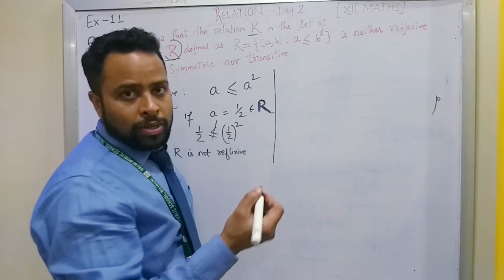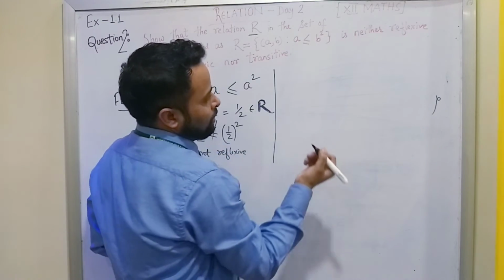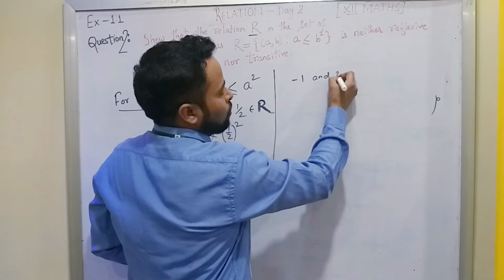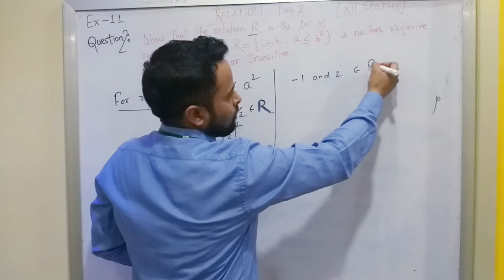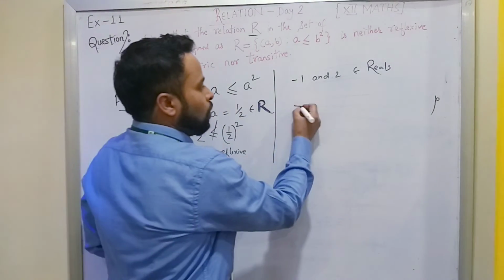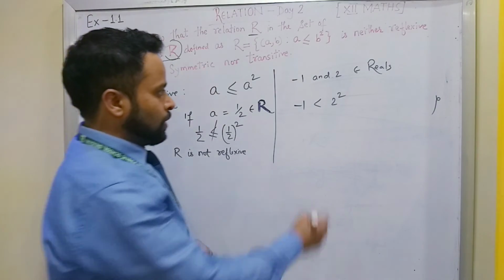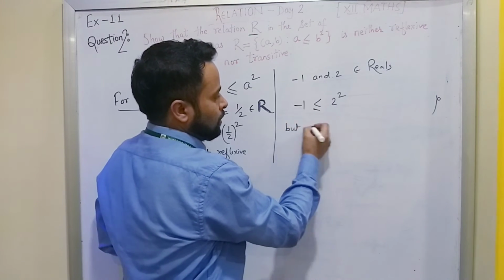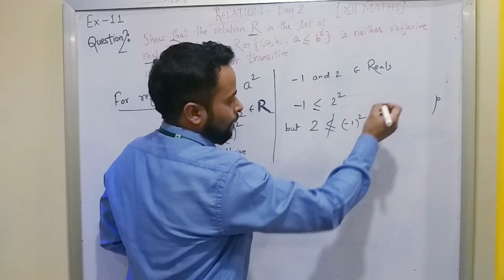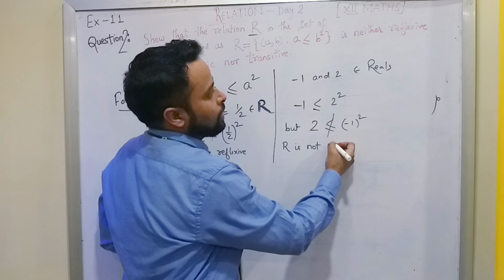Let us take one negative number and one positive number, say -1 and 2 belonging to real numbers. -1 is less than or equal to 2 square, but 2 is not less than or equal to (-1) square. So R is not symmetric.